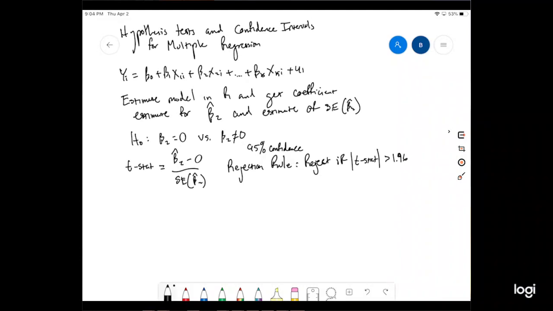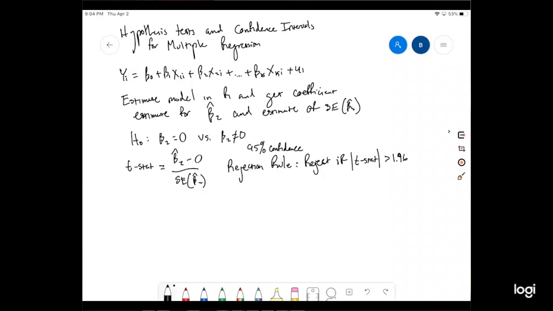Okay, so just as before, nothing's changed here except we are looking at the coefficient of x2, beta hat 2. Before, in our single variable model, we were only considering beta 1, now we're considering beta 2 and beta k, etc. So the t-stat is not changed.